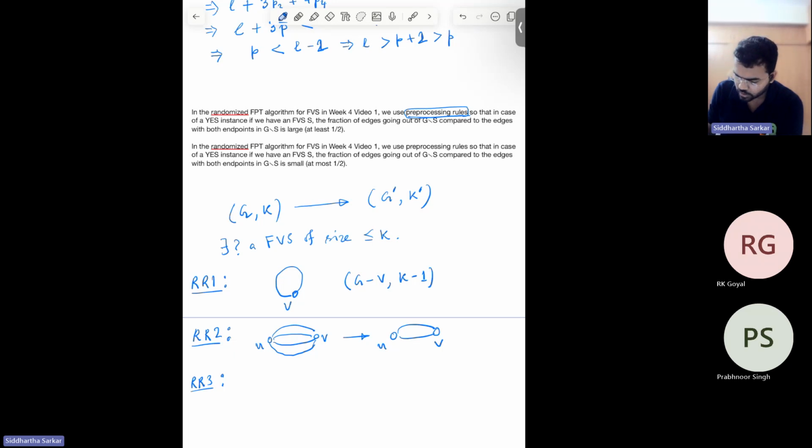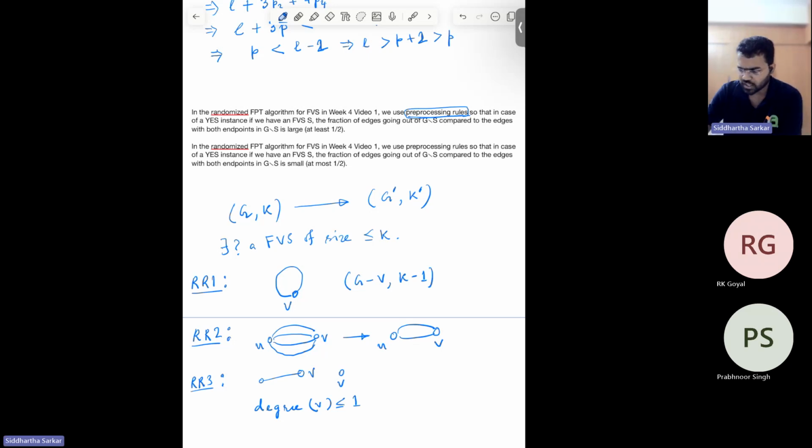If you identify a vertex V which is a leaf vertex, or an isolated vertex, basically a vertex whose degree is at most 1, then this vertex cannot take part in the formation of a cycle.